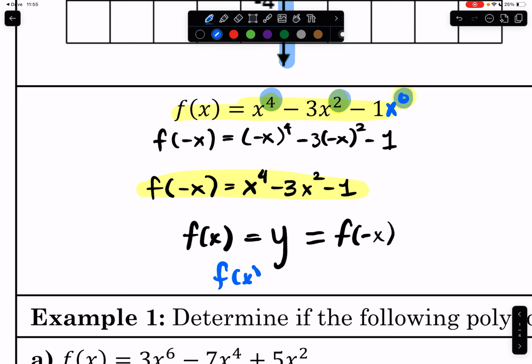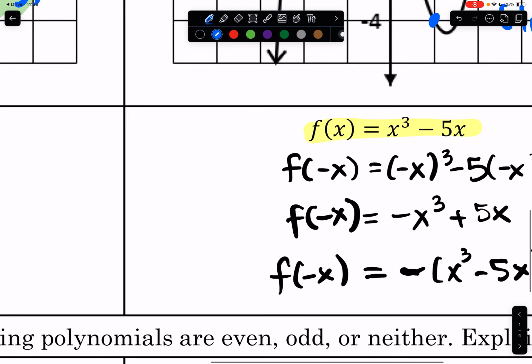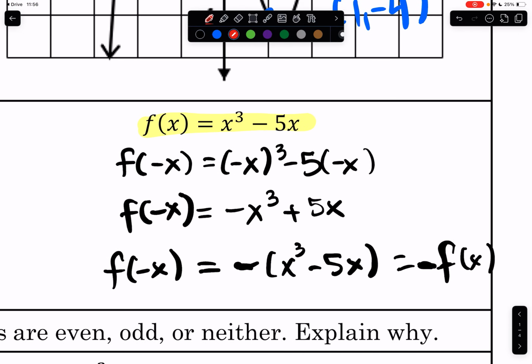So f of x is even. This f of x is even. And if you look at the one over here on the right, every single one of these exponents, since there's only two terms, are odd numbers. This number right here is the invisible value of 1, the assumed exponent of 1.